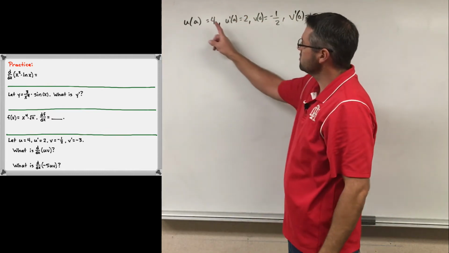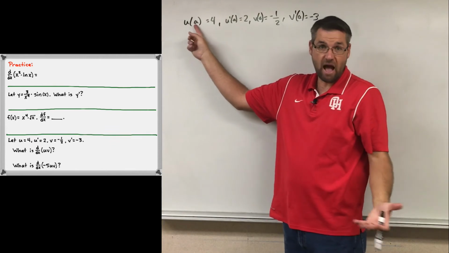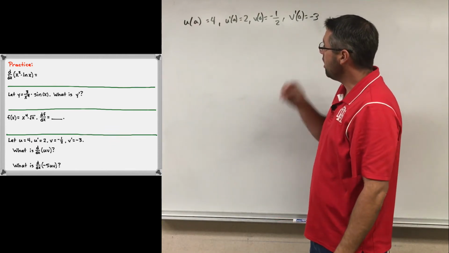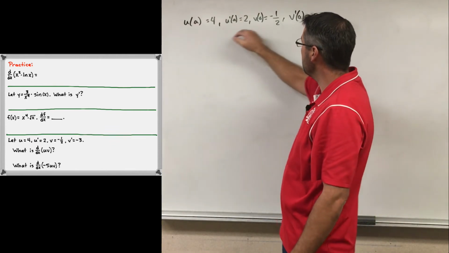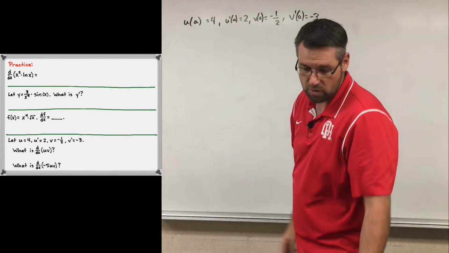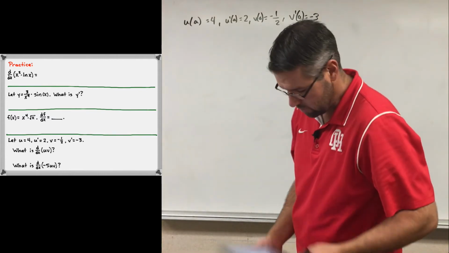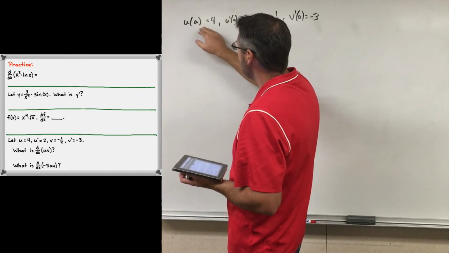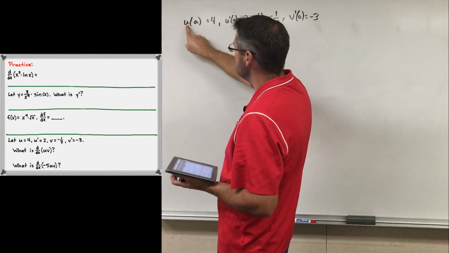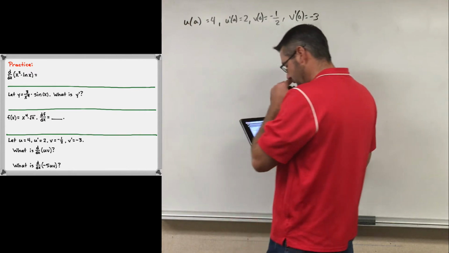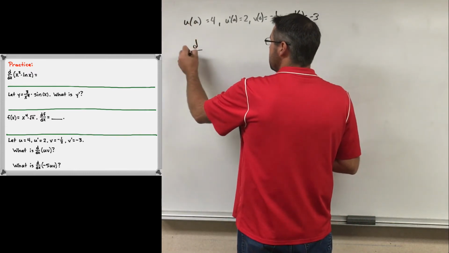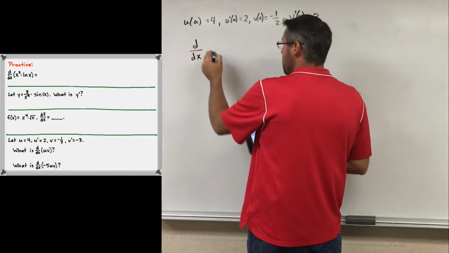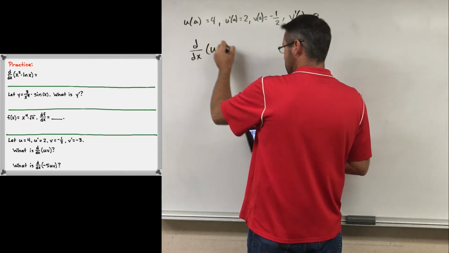So these are the results at certain a values of these functions u, u prime, v, and v prime. And so u and v are functions, right? But we're not saying that the function u is 4. We're saying that the value of the function u at point a is 4. So we are looking for the derivative with respect to x of u times v, okay?